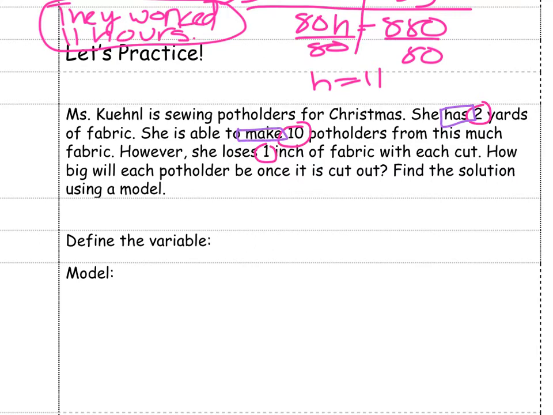So she makes 10 potholders, but she loses 1 inch of fabric with each cut. So even though we talked about starting the 2 yards of fabric, this is her total. Just like if somebody has a certain amount of money, or like a total amount of money in their bank account, right? So first, let's define the variables.